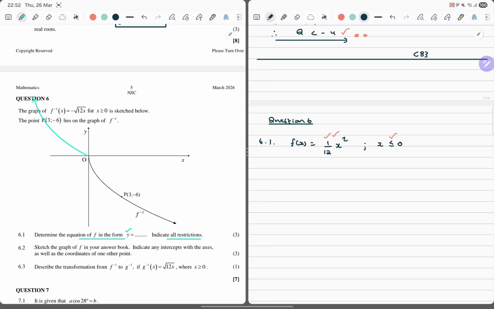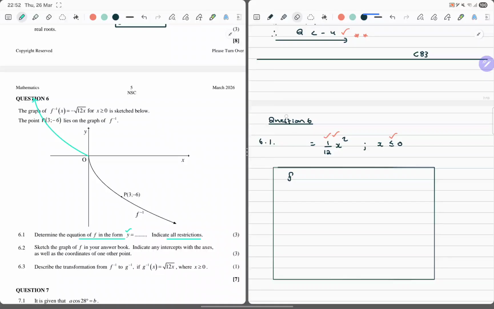Now let's see, what is the story here? Some of you may want to pursue this question algebraically, which is not a problem. So we know that our f, by the way, we were told y, we should not write f here. So we swap y for x. Now, when we square both sides, we end up with x squared is equal to 12y.